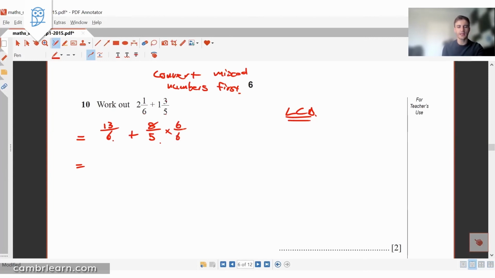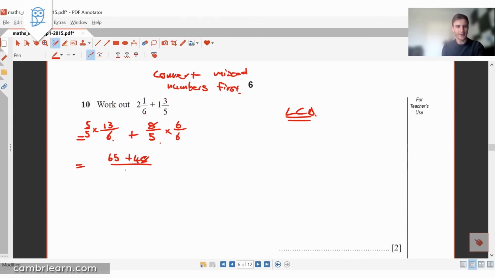So we have 6 over 6, and over here we multiply by 5 over 5. So what's 5 times 13? Okay, so this looks like it would be 65, I think. Yes, okay, 65 over 30. Plus, okay, we can actually already put it over the same denominator because that's why we are doing it. Okay, plus then we have 8 times 6, so that's 48.